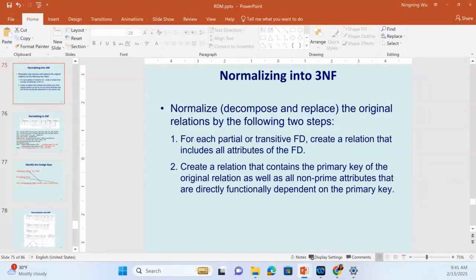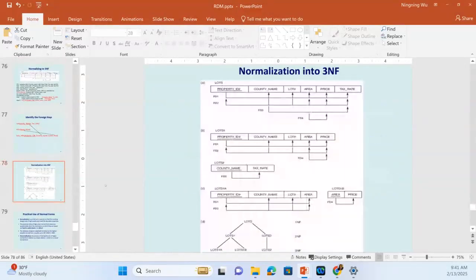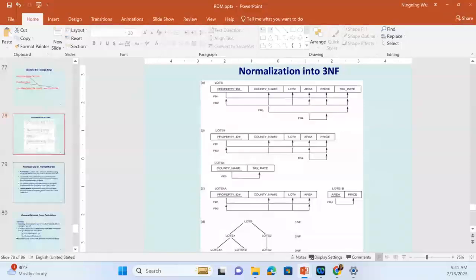Then we create a relation schema for each one of them. That's step 1. In step 2, we simply create another relation schema that contains the primary key of the original schema plus any attributes that are fully dependent on that primary key. So that's it. That's why I think you can skip this one, because this one is really confusing.